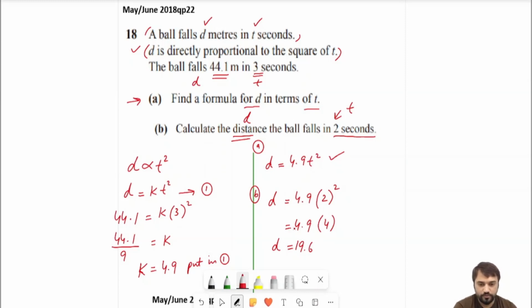If you're not allowed to use the calculator, then you know how to multiply 4.9 into 4. You already know it. This is our final answer. D is equal to 19.6.